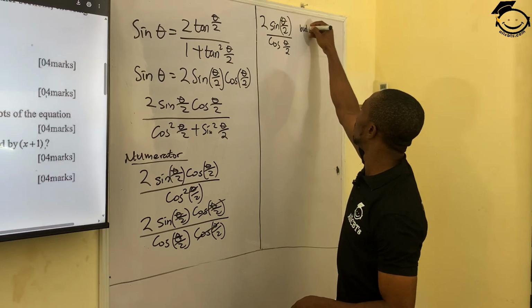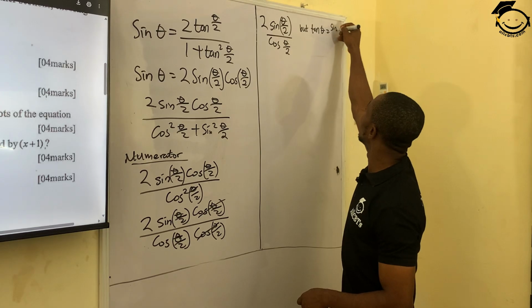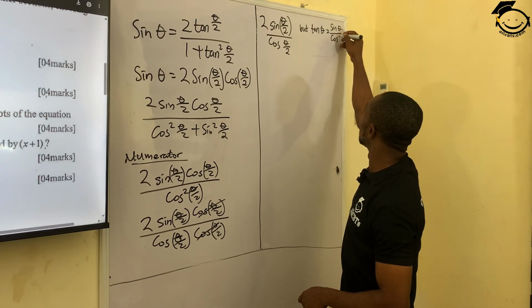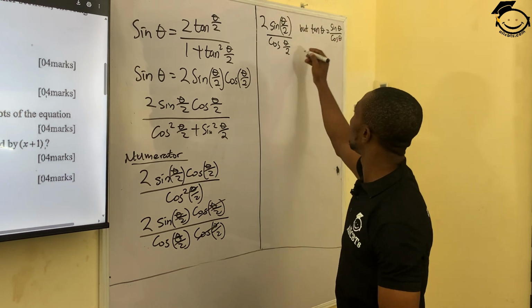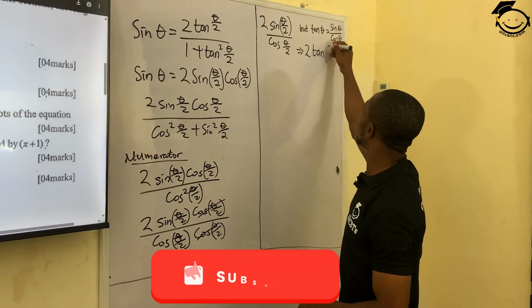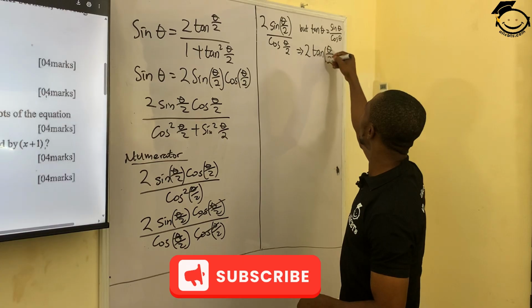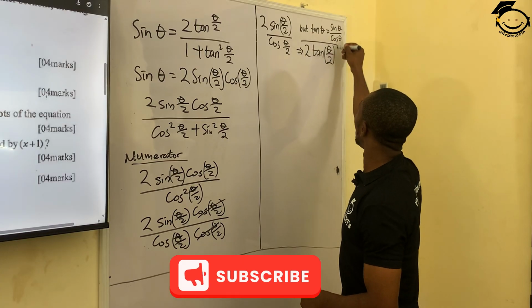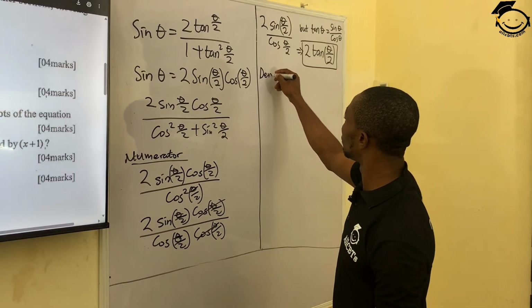But recall that tan theta equals sine theta over cos theta. So replacing this with tan, this becomes 2 tan theta over 2. That's for our numerator. Now let's look at the denominator.